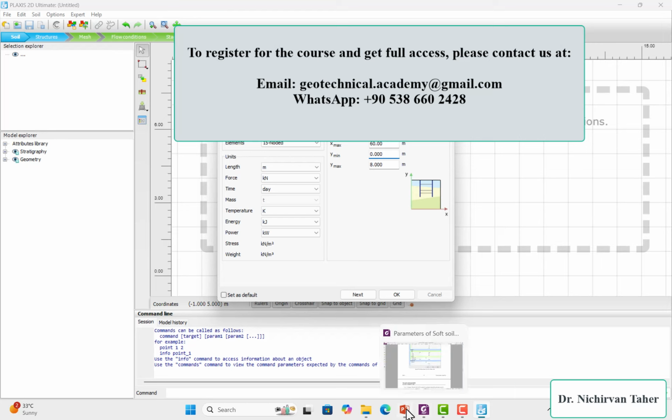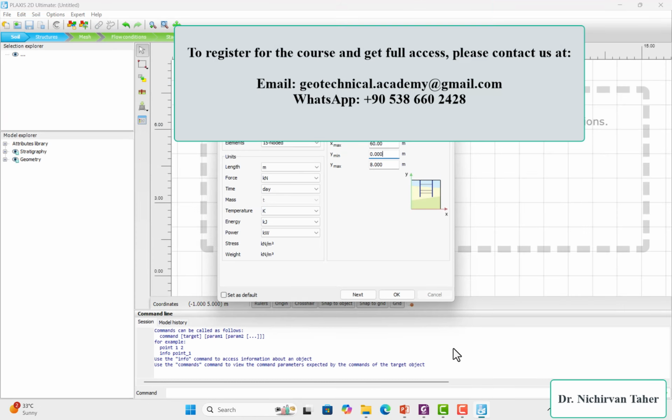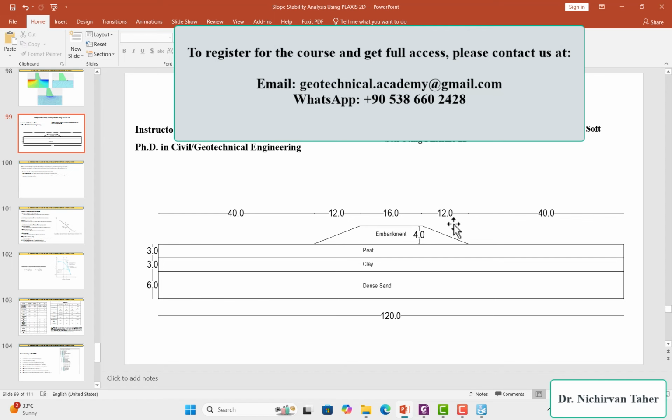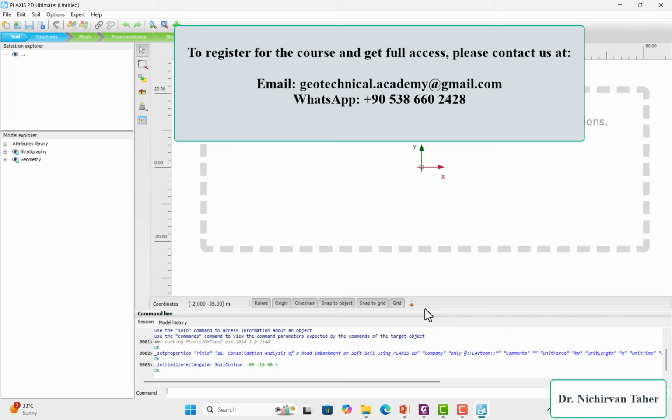And for Y here we have 10 meters, so for Y minimum we will type minus 10, and Y maximum we will type 4 because the height of the embankment is 4 meters. After that we click OK.